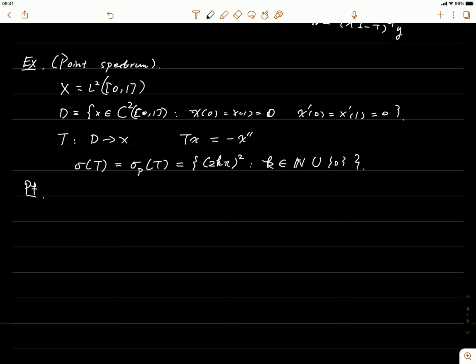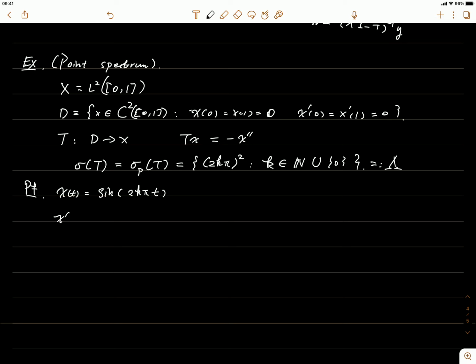So first of all, let's call this the set Lambda. For any lambda in it, just look at this kind of function: sine 2kπt. Let's define x(t) to be this.